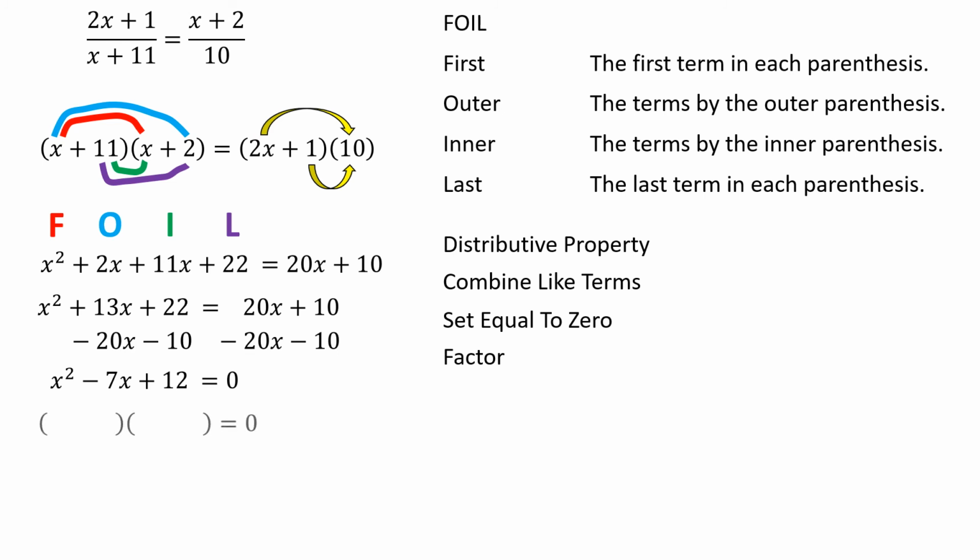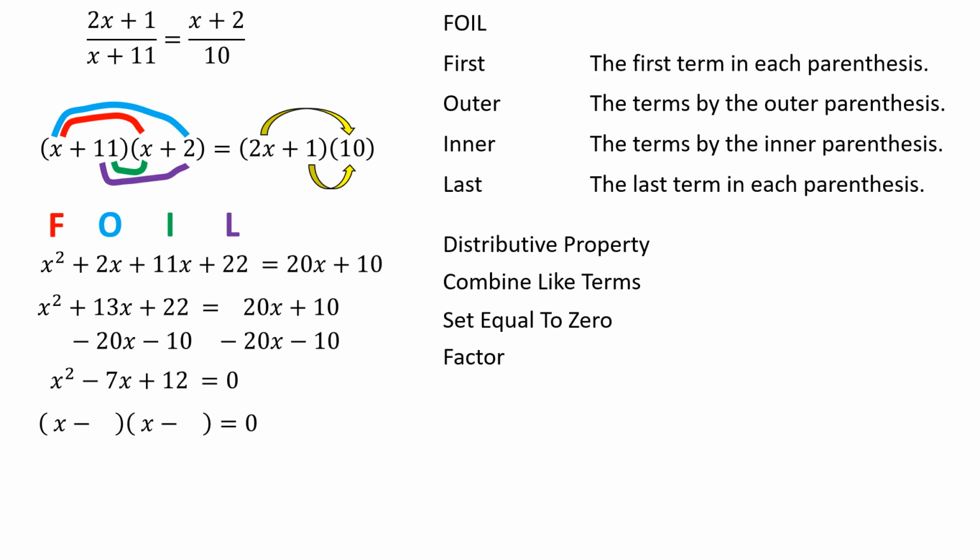Two sets of parentheses. Now for the x squared, I'm thinking I gotta have x times x. I'm looking at the positive on the 12 and thinking, the signs have to match for it to come out to be positive on the 12. The negative on the 7 tells me they're going to be negatives.